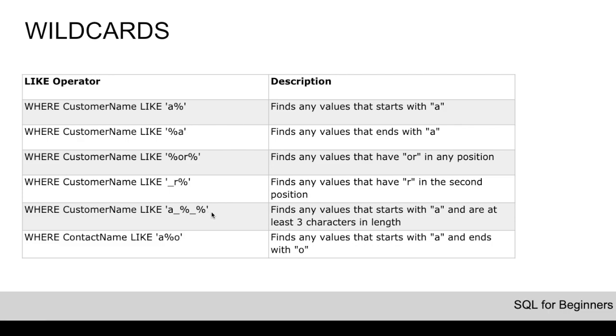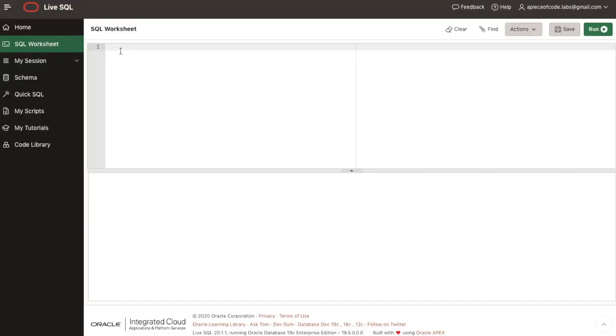So A is the character number 1, and each underscore represents one character in the string.